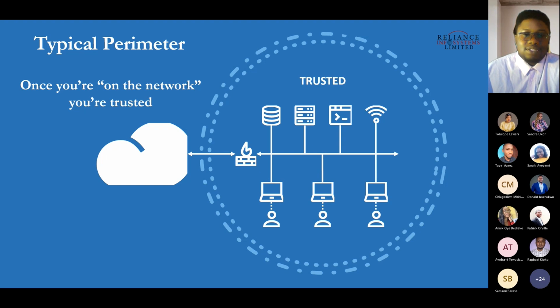But the major flaw with this is that most times administrators tend to give implicit trust to users within the environment, and in some cases, users that are not qualified or that don't have the right permissions tend to have access to some of these internal services. A good example: you have your security staff members who have a company system, and they have access to your company's database. That doesn't make sense because they don't have any reason or authorization to have access to said assets in any way or form.